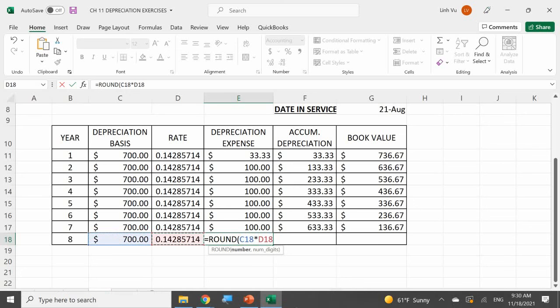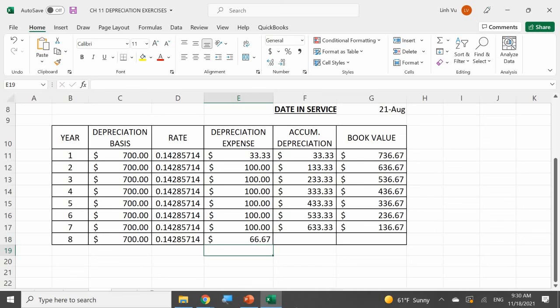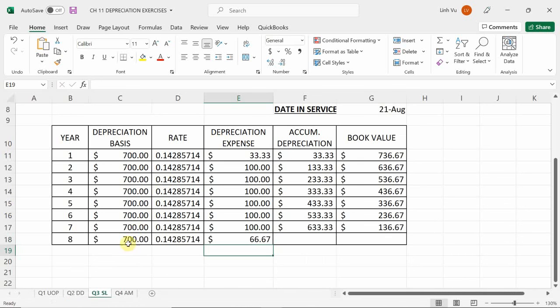So this is the example I was talking about. I can only depreciate 8 months out of 12, which is going to give me $66.67, which brings this to a grand total of $700, which gives you your remaining book value of 70.